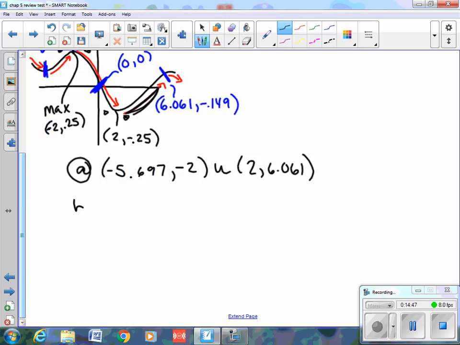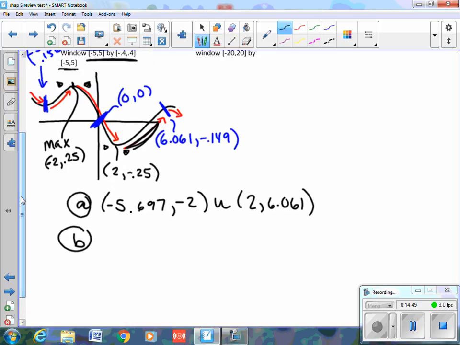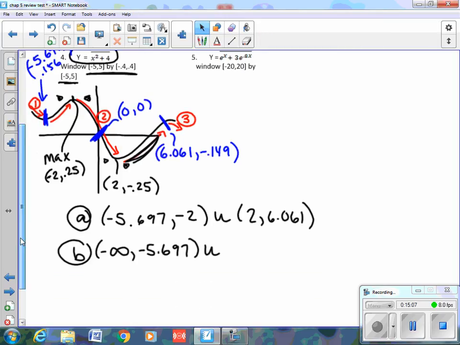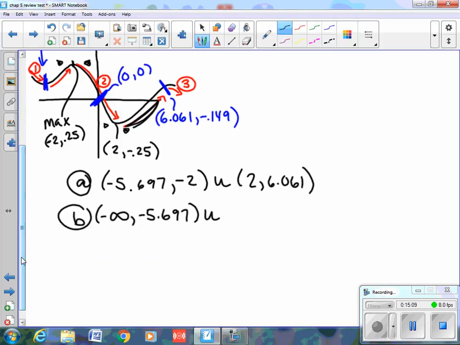My decreasing part then needs to be the other part. So a negative infinity to a negative 5.697, union with, and you can see my arrows. It's going down, and I'll tell you where that's going down. Right here, it's going down here, and it's going down here. So I just have to fill it in.